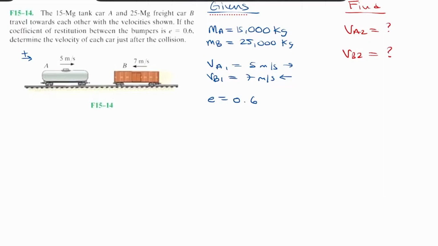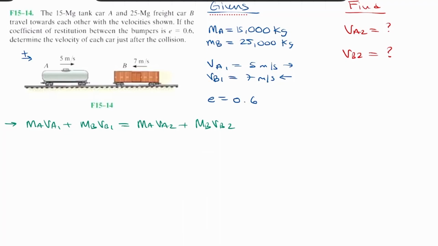So we have two unknowns in this system. Okay, so once again, remember the procedure is to first apply the conservation of momentum. So applying conservation of momentum, we're going to get mA VA1 plus mB VB1 is equal to mA VA2 plus mB VB2.